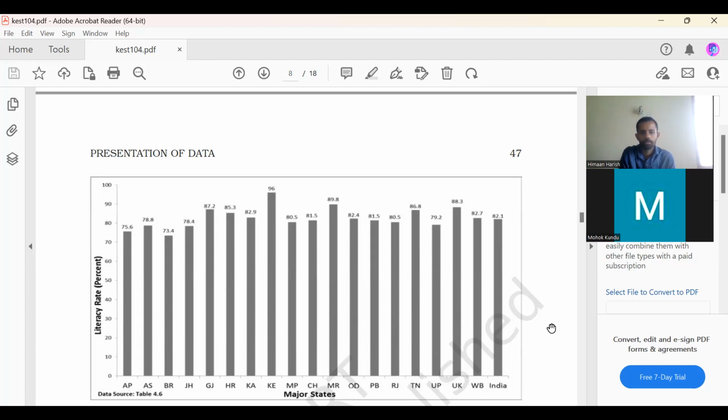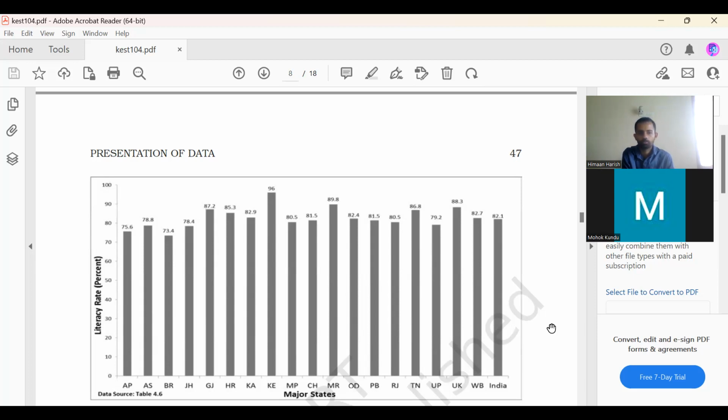As we can look at the bar diagram, Kerala has the highest literacy rate at 96.0 percent. The second state with the highest literacy rate is Maharashtra with 89.8 percent, whereas Uttarakhand has a literacy rate of 88.3 percent.